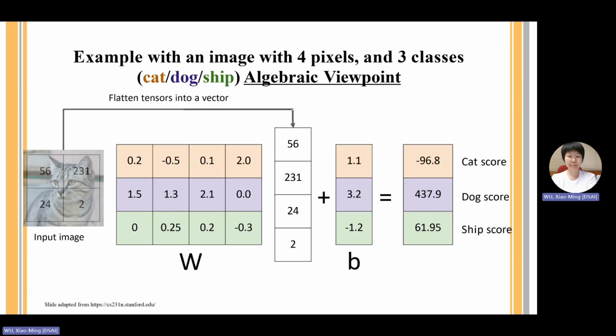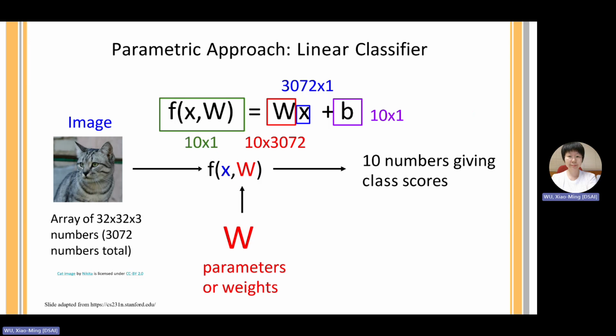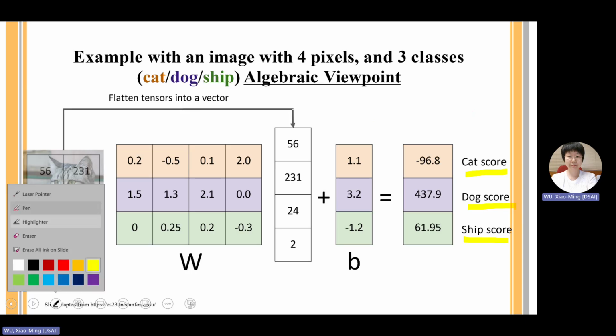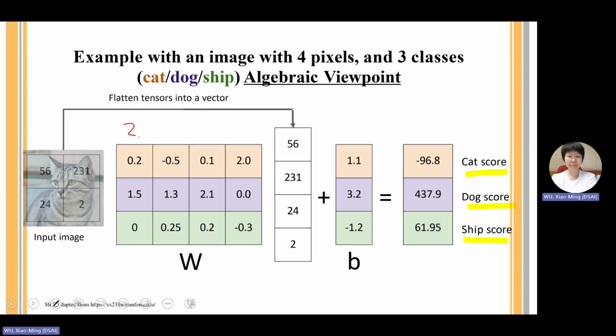If we only have 3 classes, cat, dog, and sheep, then for illustration purposes, suppose our image is a 2 by 2 image, and we flatten it into a 4 by 1 vector.